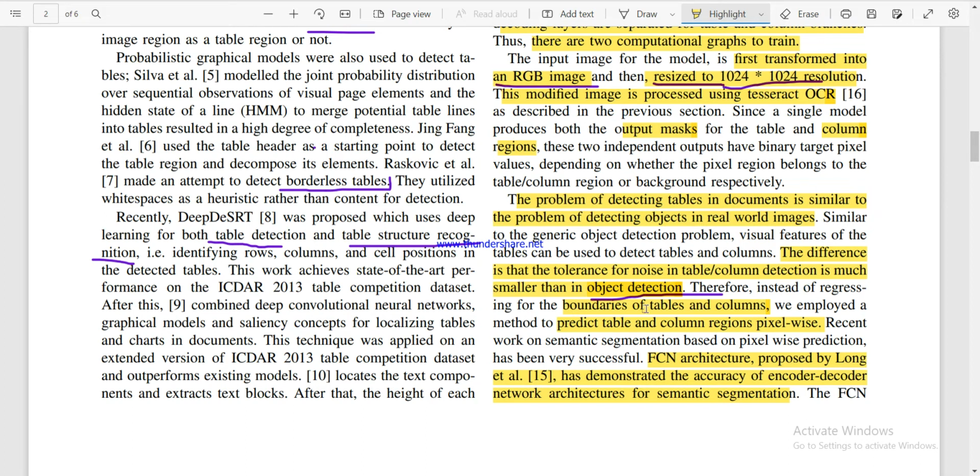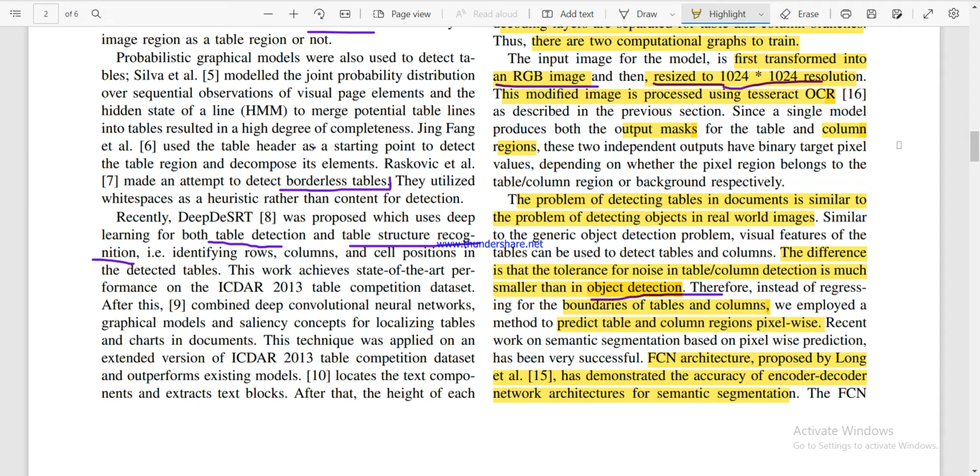Therefore, instead of regressing for the boundaries of tables and columns, they employed a method to predict table and column region pixels, pixel wise. Recent work on semantic segmentation based on pixel wise prediction has been very successful. The FCN architecture proposed by another paper has demonstrated the accuracy of encoder-decoder network architecture for semantic segmentation.